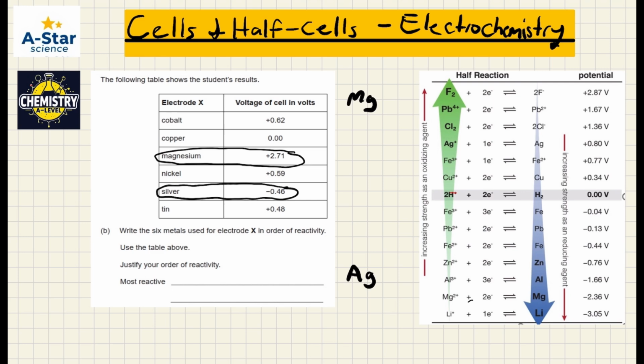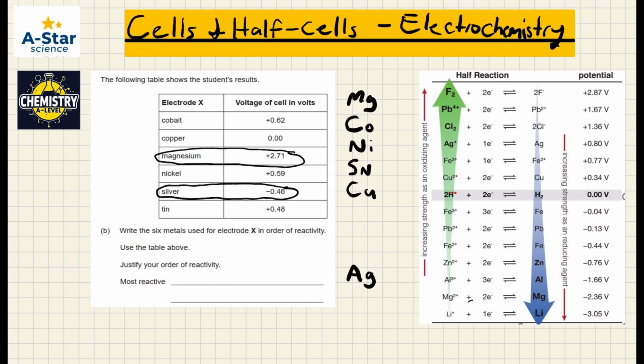So if we look, magnesium was plus 2.71, then that's followed by cobalt. Cobalt next, underneath cobalt is going to be nickel. And then underneath nickel, it looks like tin. And then underneath tin, which is plus 0.48, is copper.